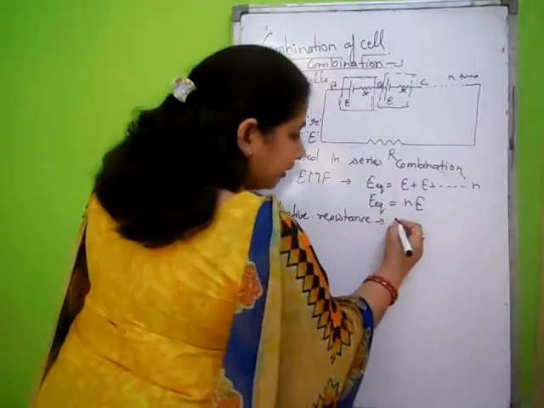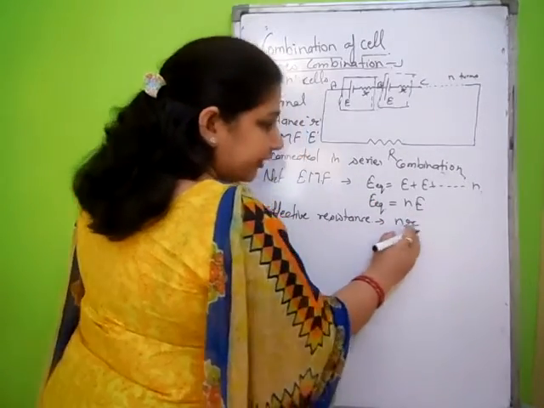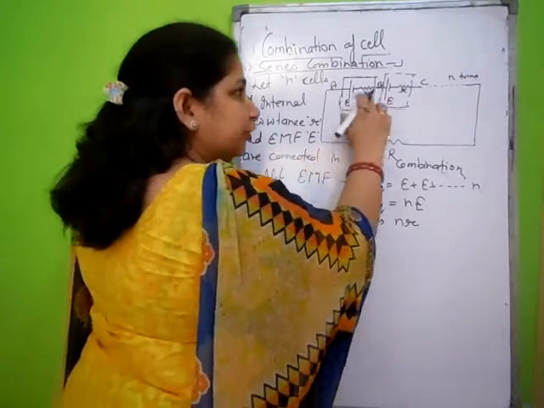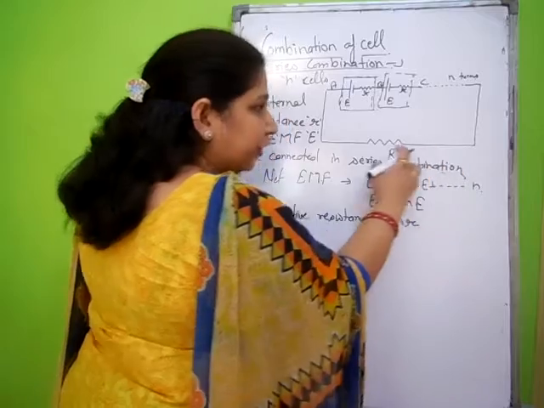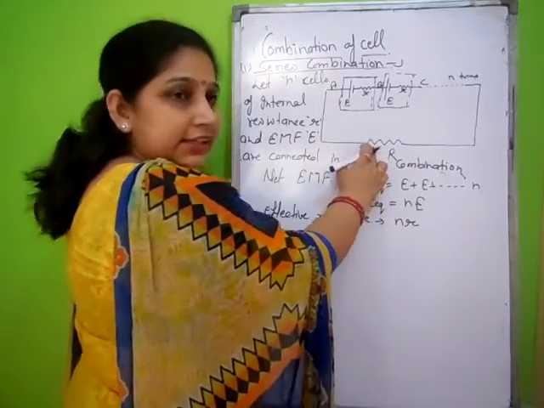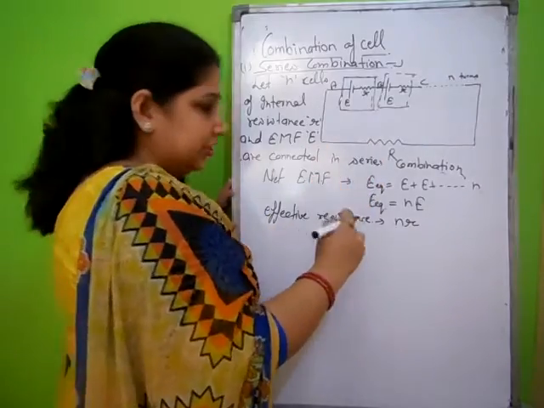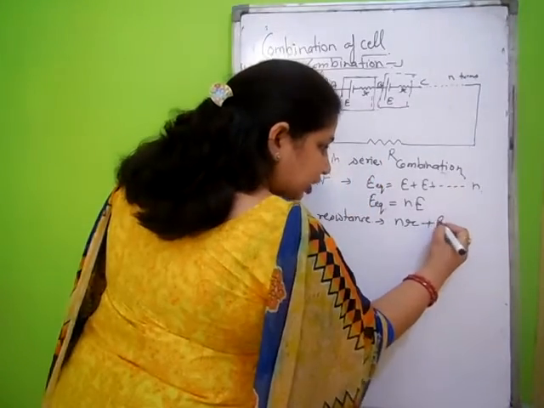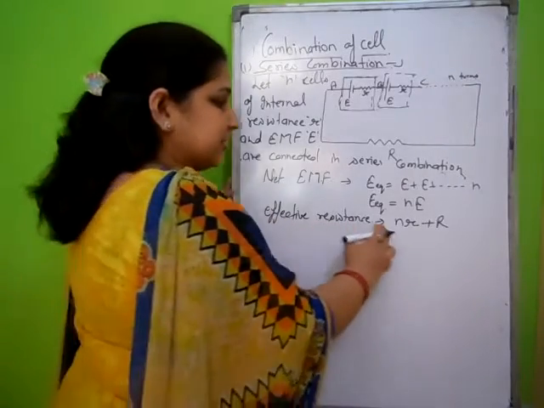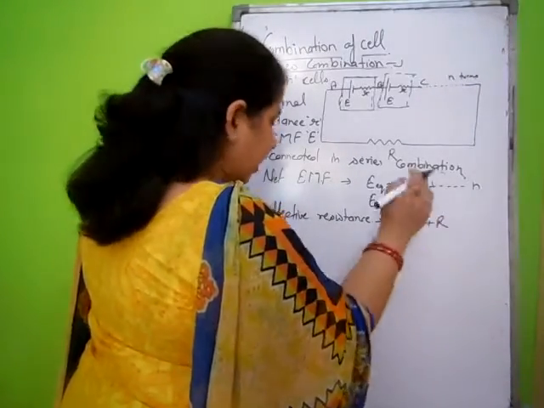Then we have nr, the internal resistance of n cells, and the total charge flowing through these cells also flows through the external resistance R, meaning these cells are in series with the external resistance R. Then the effective resistance of the series will simply add up: nr plus R.